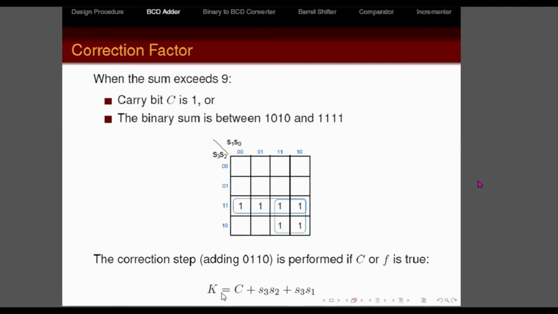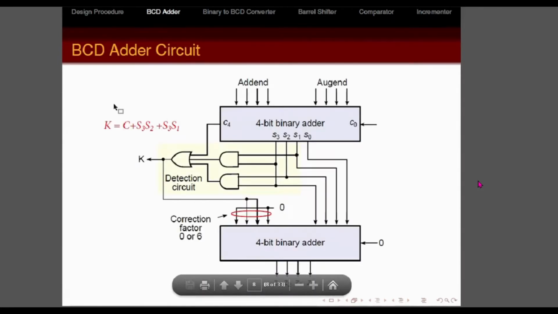Therefore, you come up with this equation. K is equal to C, or S3 S2, or S3 S1. And then you can apply the correction here.